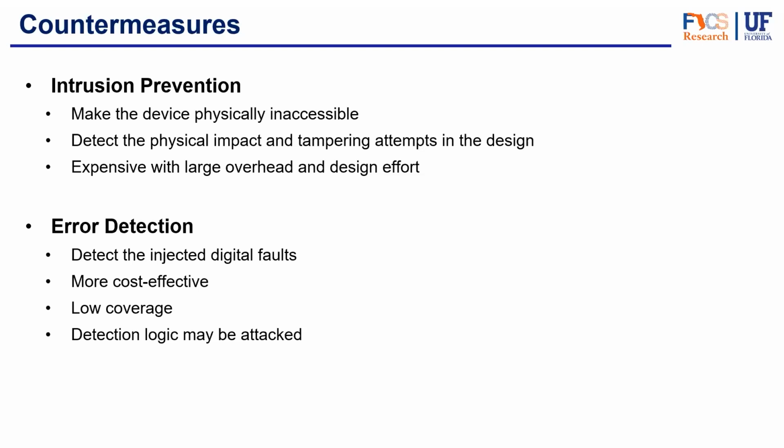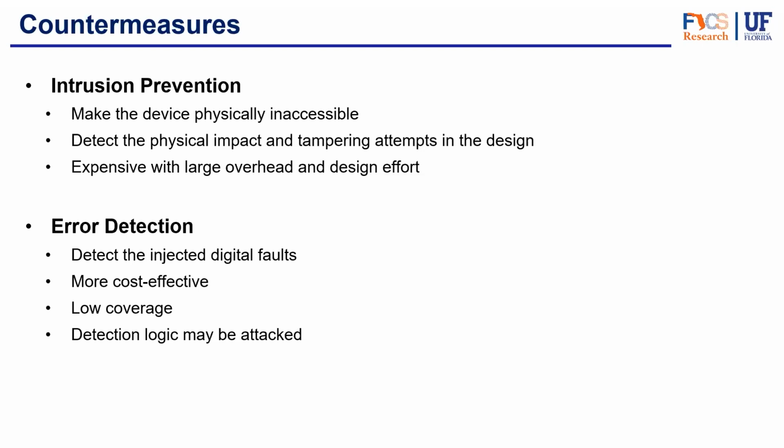The intrusion-based prevention usually has better performance, but it is very expensive, because you don't know where to prioritize coverage to protect the design against fault injection attacks. Usually people end up protecting the whole design, and it translates to a lot of cost and area overhead, and it's not very applicable to the IoT devices we are talking about right now.